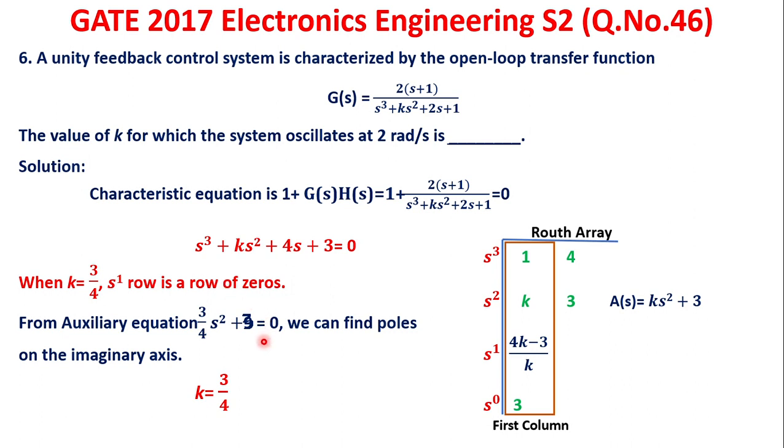So we have a number of problems in the GATE examination pertaining to this particular Routh stability criteria. Some problems we have asked, so we have solved. Remaining problems we will solve in the next module.